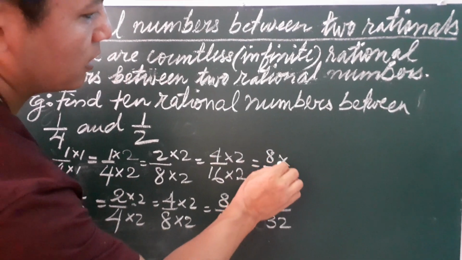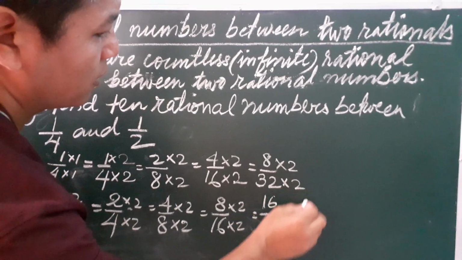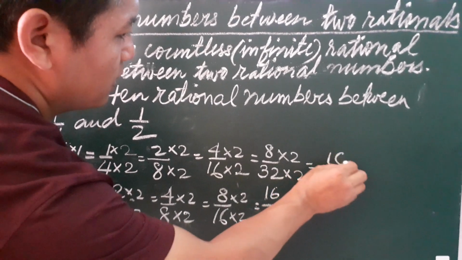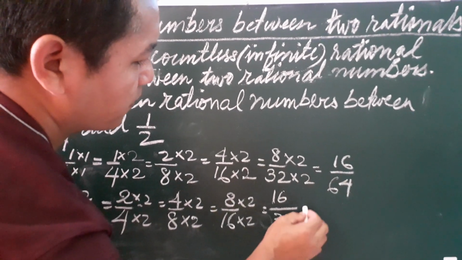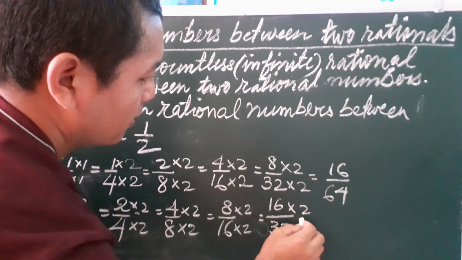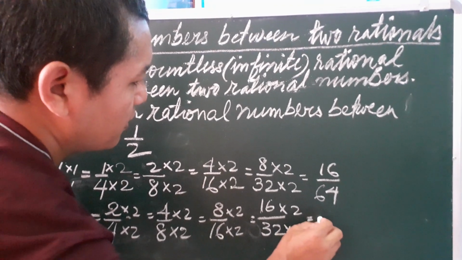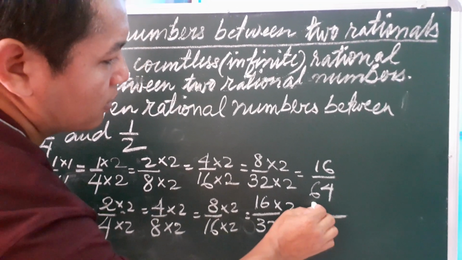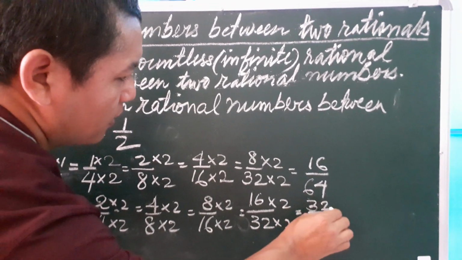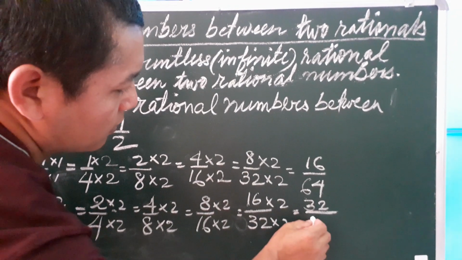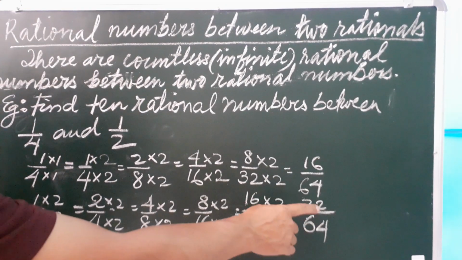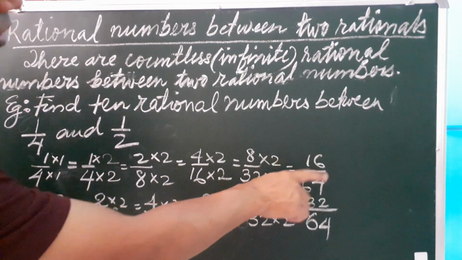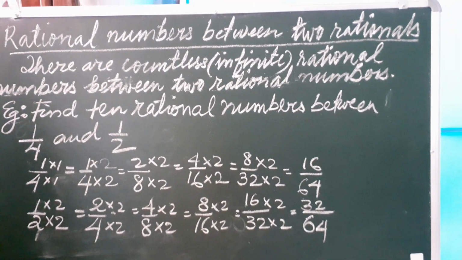Again multiply by 2. You get 16 by 64 and 32 by 64. Now between 16 and 32 there are 15 numbers.